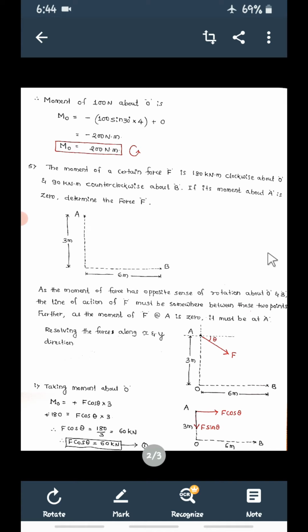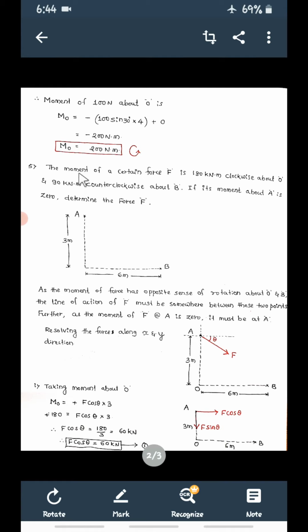The next, more interesting problem we are going to consider. The problem is like this: the moment of a certain force F is 180 kilonewton meter clockwise about O. Try to read the problem once again.